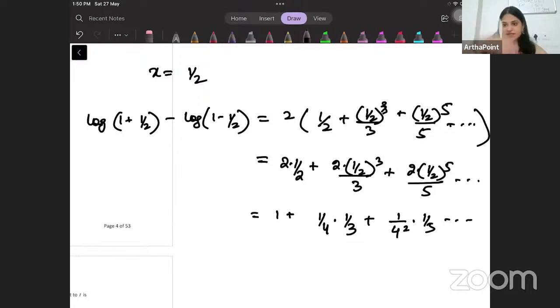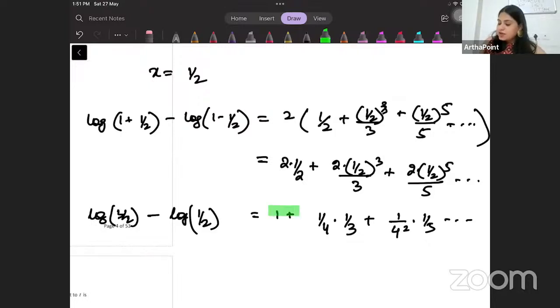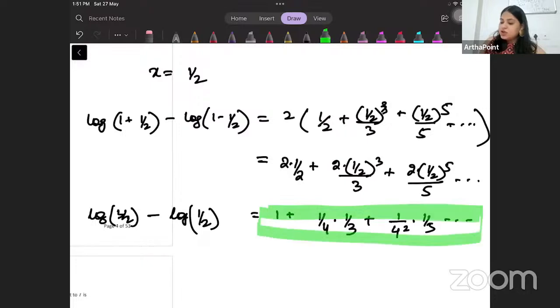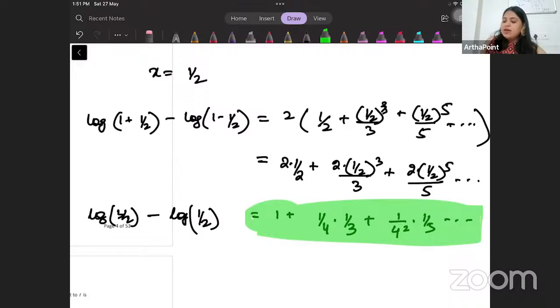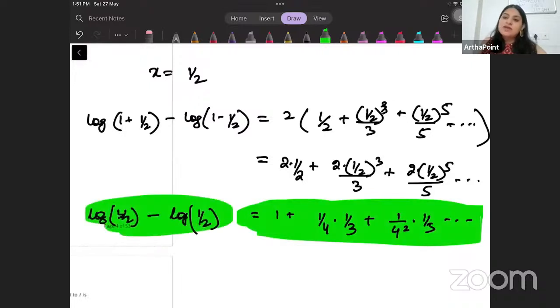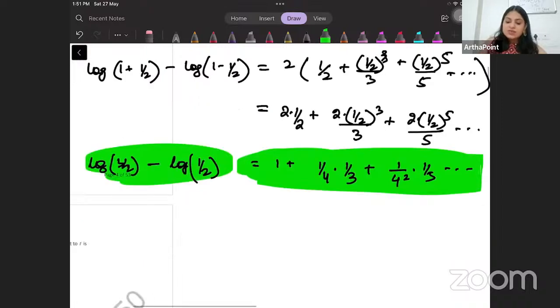And the left hand side will be log 3 by 2 minus log 1 by 2. So this entire expansion that you have on the right hand side has now been rewritten as just log 3 by 2 minus log half.